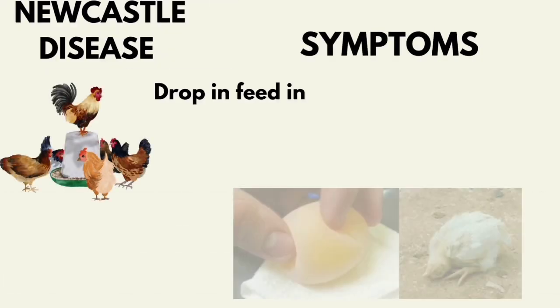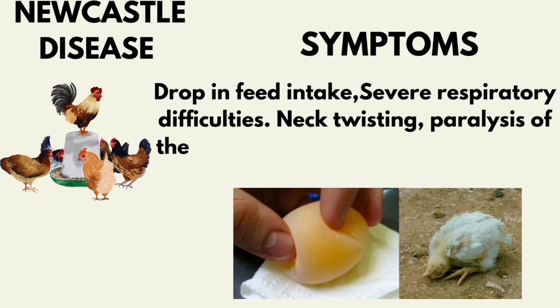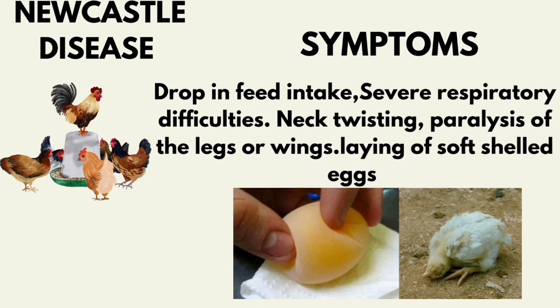The next disease that we are going to be looking at is Newcastle disease. Newcastle disease is also a viral disease that affects poultry. The symptoms include drop in feed intake, severe respiratory difficulties, twisting of the neck, paralysis of the legs or wings, and laying of soft-shelled eggs.